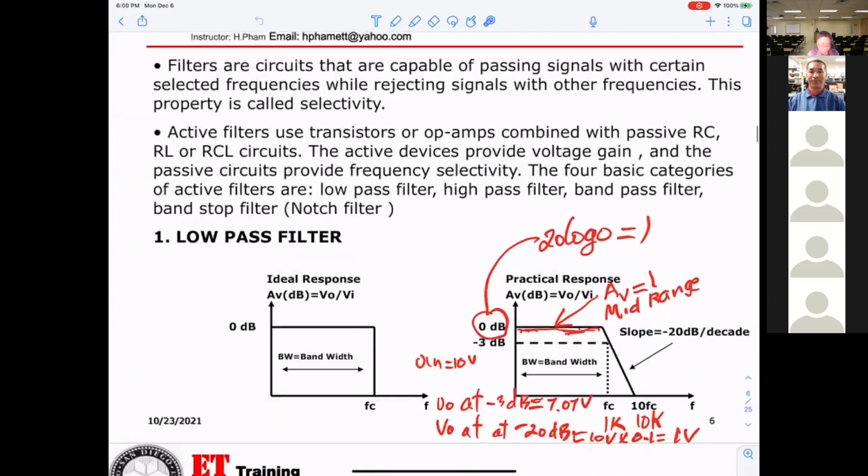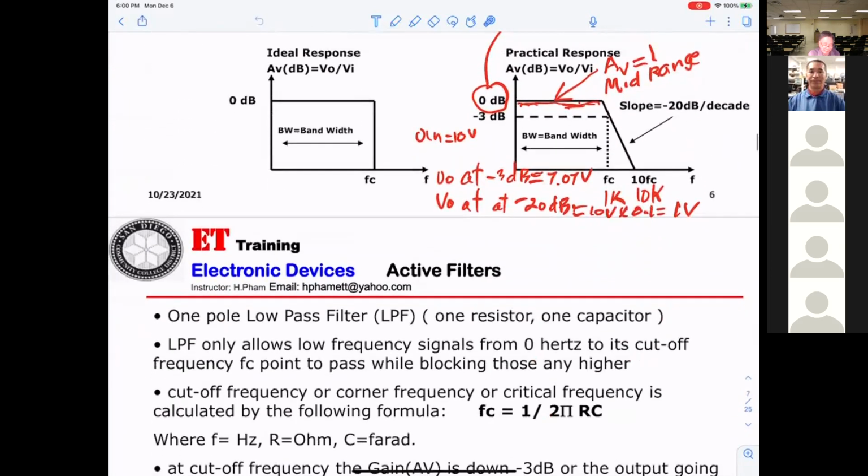Now, we're going back to that one here. If you want to calculate the bandwidth of the low pass filter, it goes from 0 Hz up to the cutoff. After the cutoff, we don't care anymore. The signal is only allowed to go from 0 Hz up to the cutoff frequency.